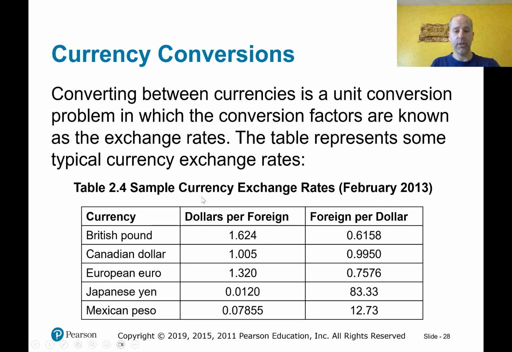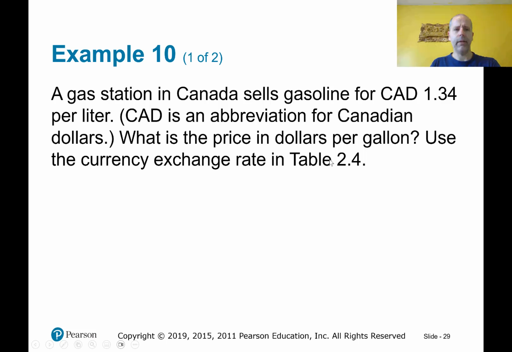So here's the exchange table for different currencies. Okay, so now here's another example. Let's say we're in Canada, and Canada sells gasoline for Canadian dollars, 1.34 Canadian dollars per liter.